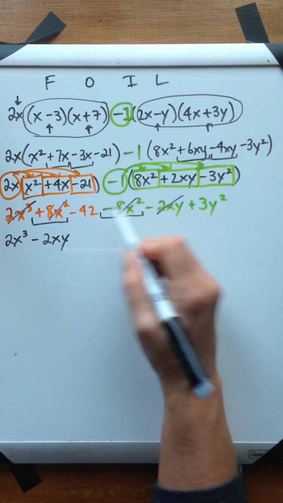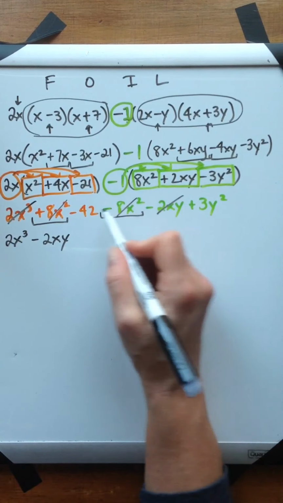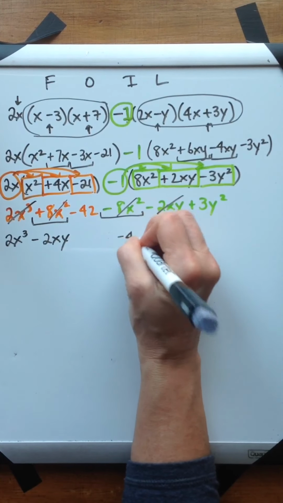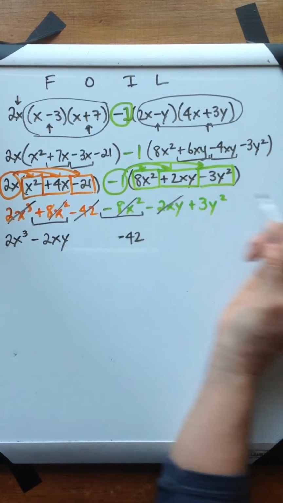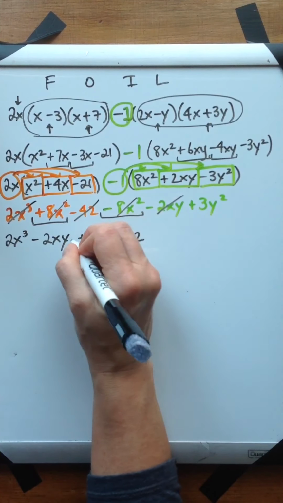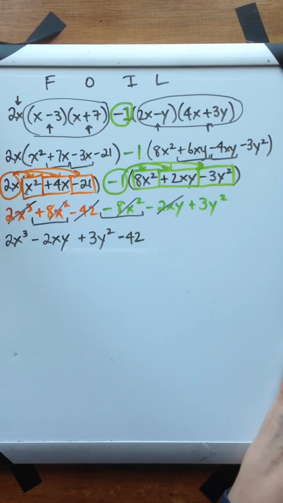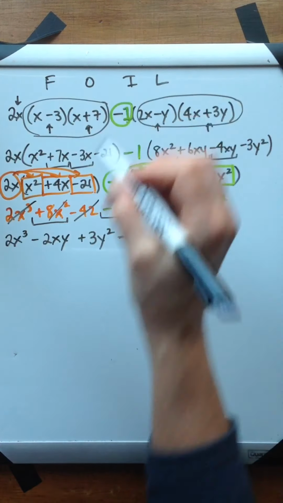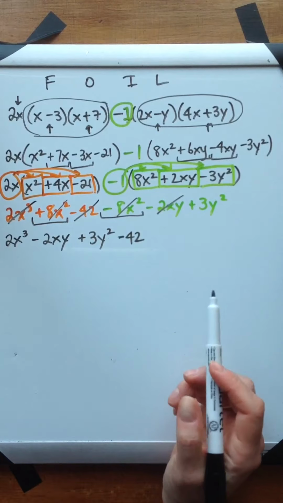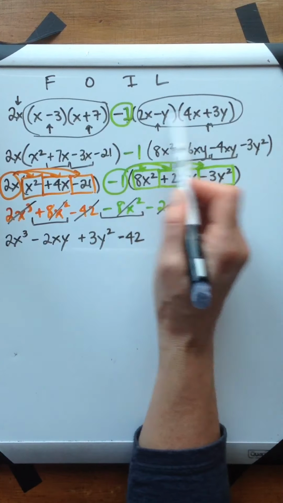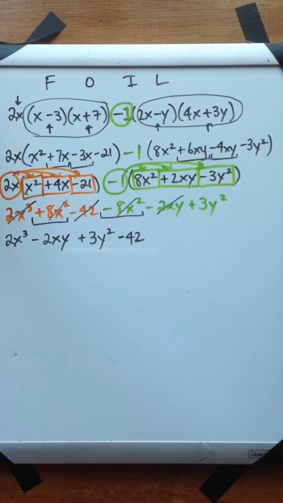If I go to the next two, this one has no literal part at all, so I'm going to write it at the very end. And this one, with its increasing power of y, can be written here. And there you have it. Expansion and simplification of a monomial times a binomial times a binomial and another one after it as well. All right, enjoy your practice and contact me if you have any questions.